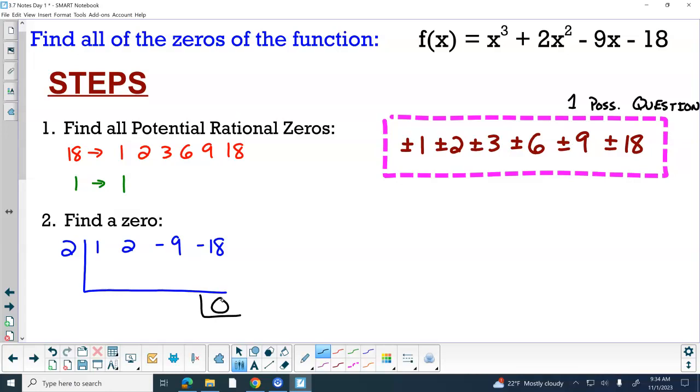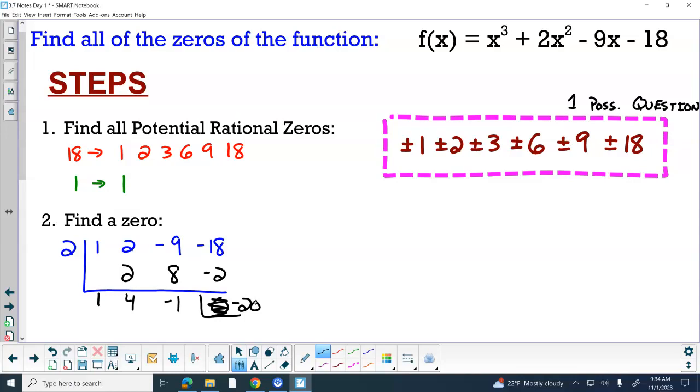Okay, here we go. 1, 2, 4, 8, -1, -2, I get -20 there. Is 2 a 0? No, it's not a 0. So positive 2 has been crossed off our list.